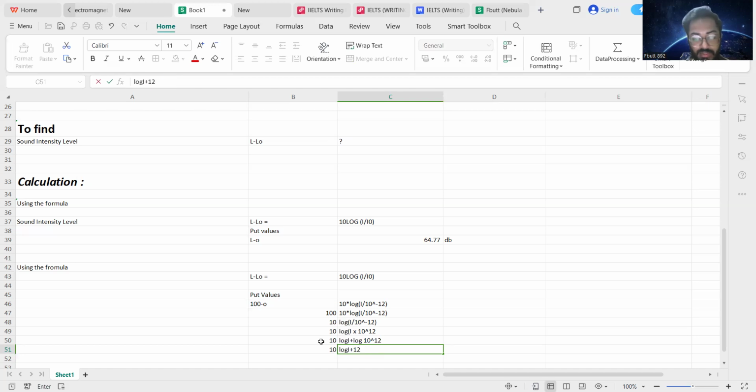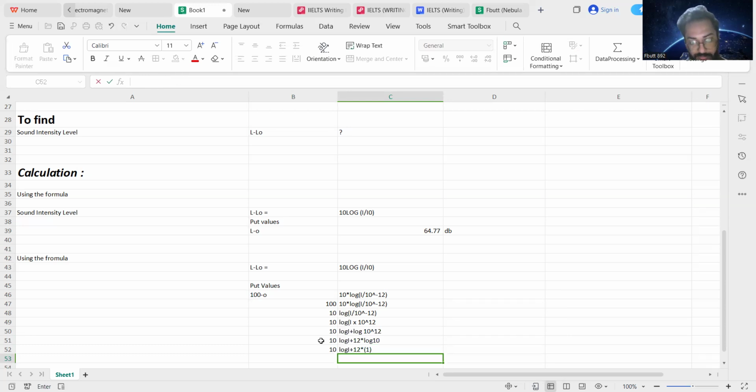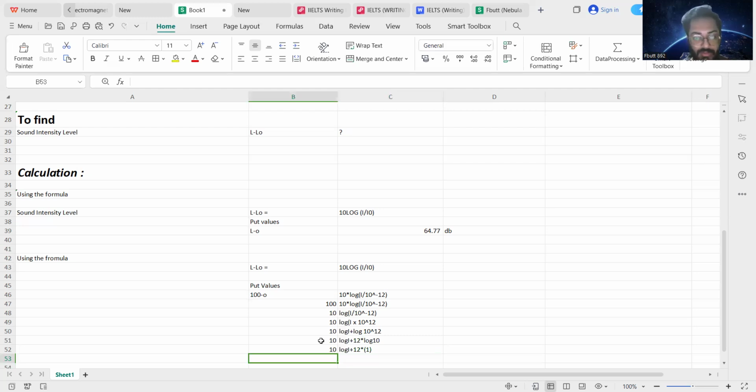So we write it as 12 multiplied with the logarithm of 10. Now, the logarithm of sound intensity plus 12 into the logarithm of 10. The value of the logarithm of 10 is 1. So by substituting 1, we get 10.